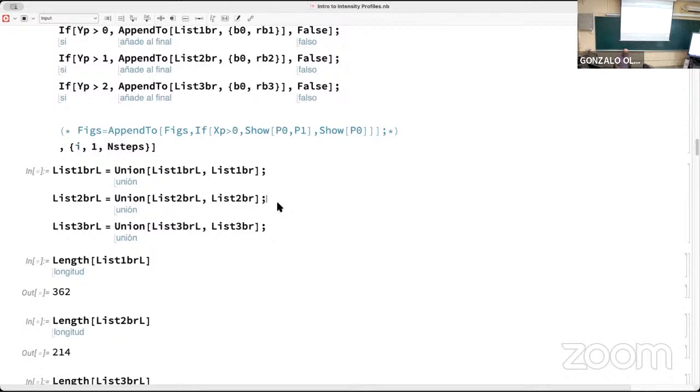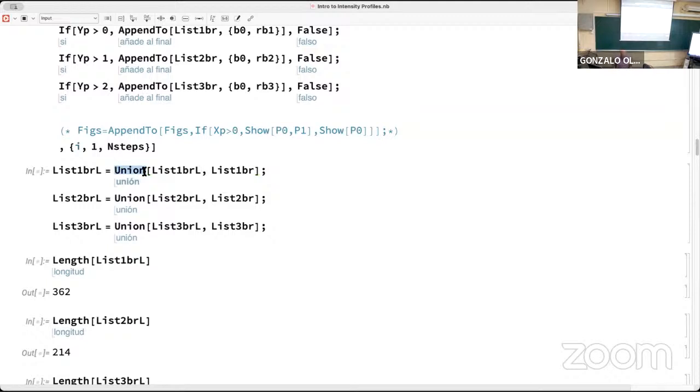Now that we have the other set of geodesics, we add the two lists of data: the new one we computed, we add to the one we already computed. This is why we change the name; we define this new one with L for larger, and we use the command Union.